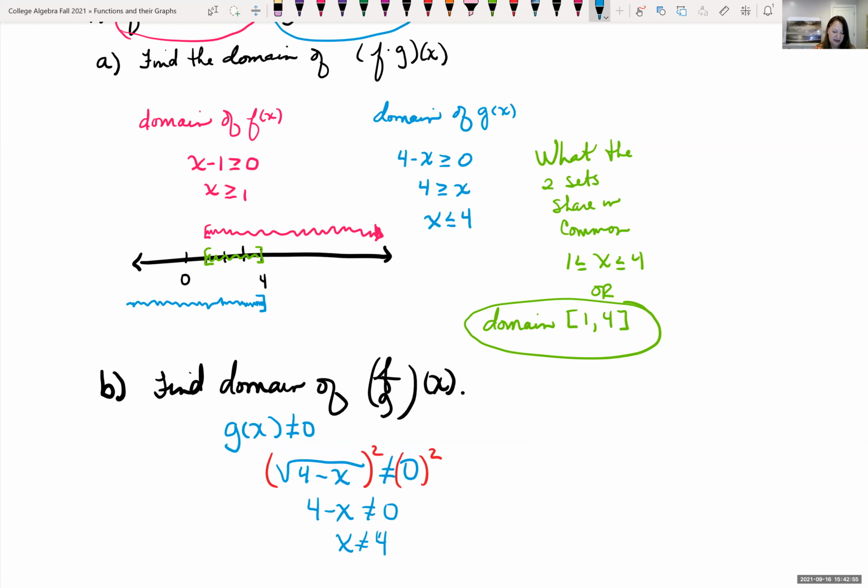So the domain of f divided by g is going to give me 1, I'm going to include it, 4, I'm not going to include it. Or 1 is less than or equal to x is strictly less than 4.